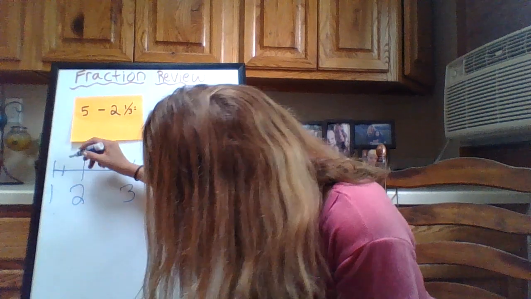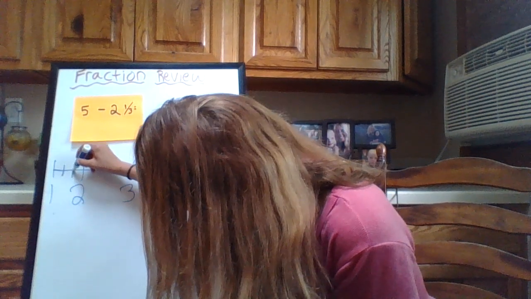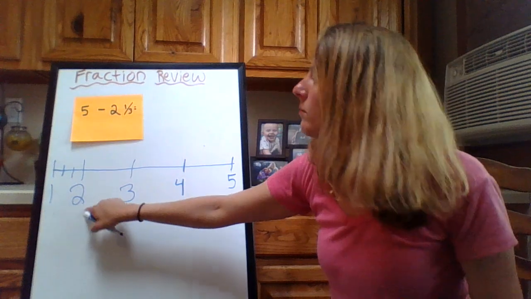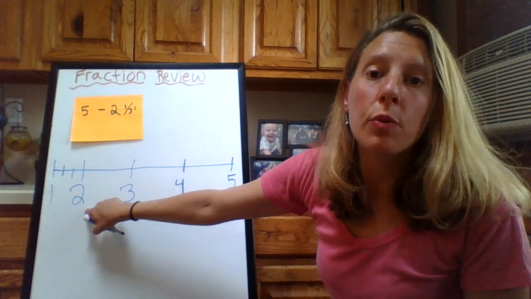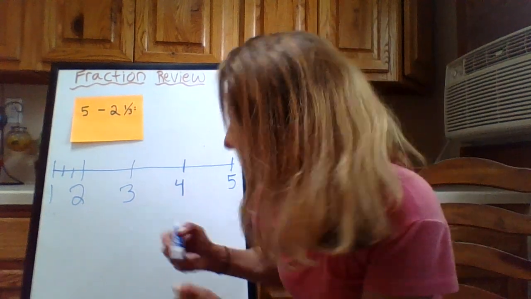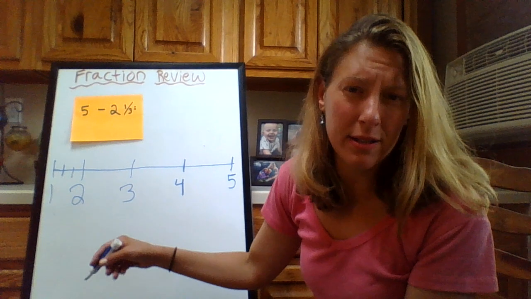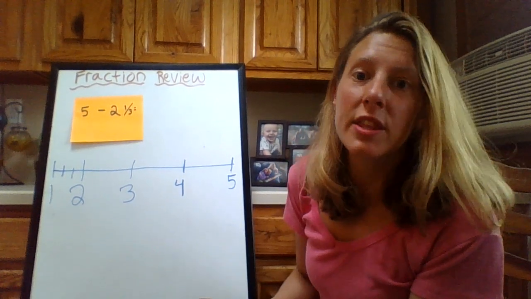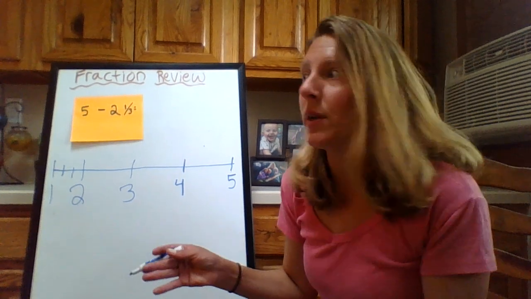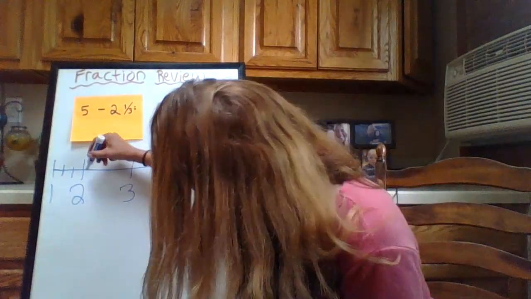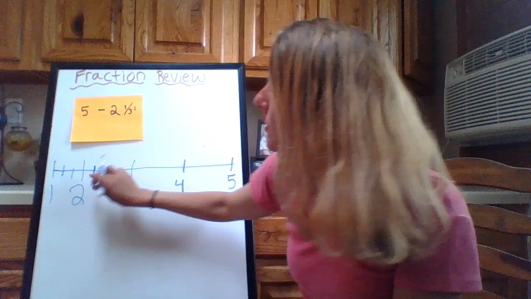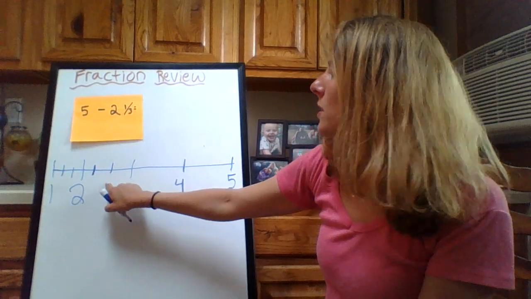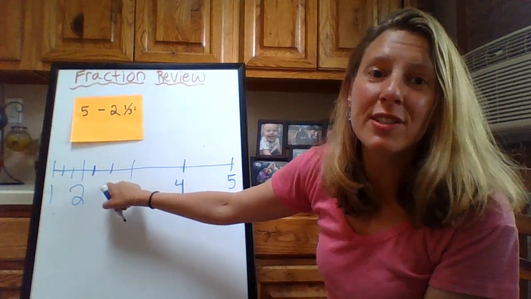Here's 1 1/3, 1 2/3, and then 1 3/3 would be 2 wholes. And actually, I'll go back and I'll label each third with a different color so you guys can see this between whole numbers. And then I have 2 1/3, 2 3/3, or 2 2/3.